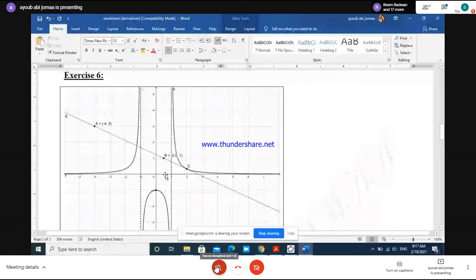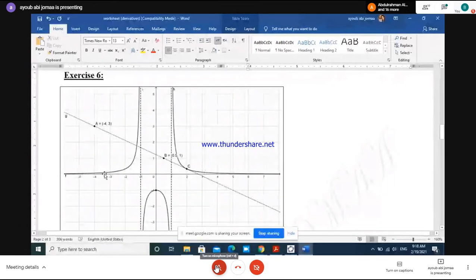We have a horizontal asymptote. This line is an asymptote. Right? It's horizontal. The equation is y equals 0. That is the x-axis. Look at the graph here. It's very, very close to the line at positive infinity, and the same idea at negative infinity.